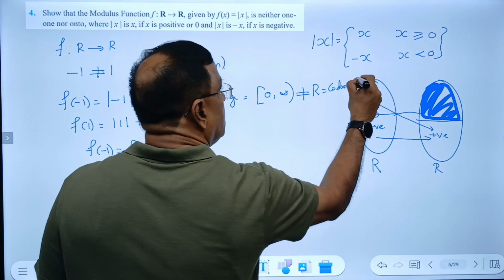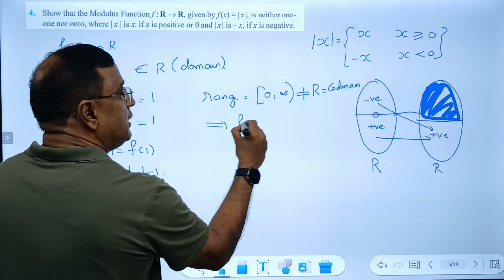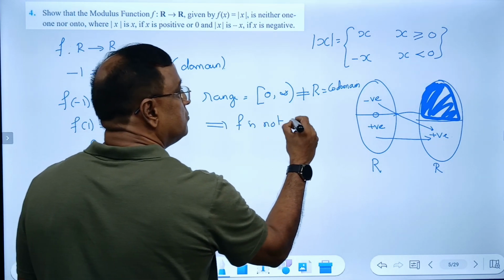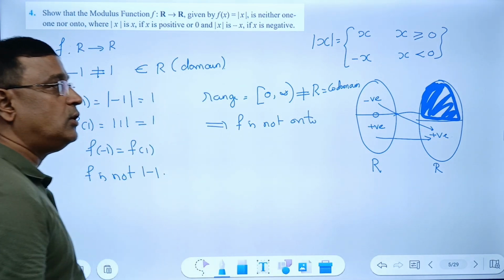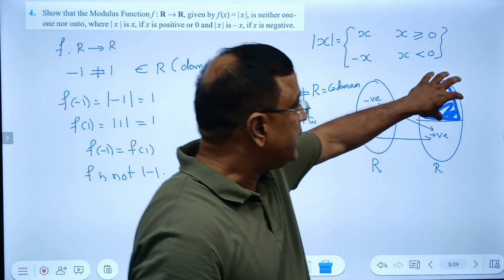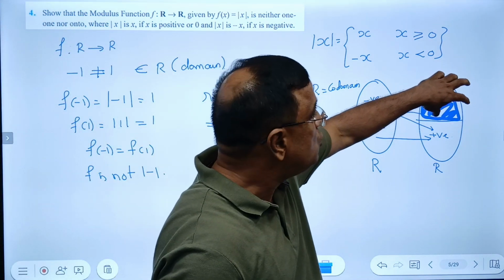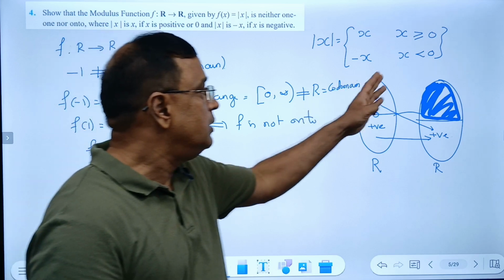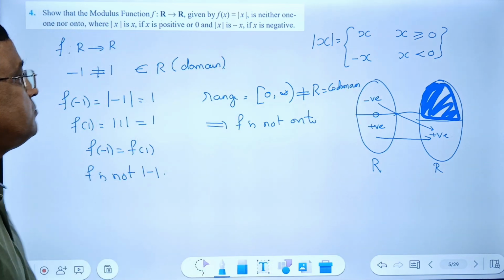So codomain not equal to range. This implies f is not onto. You can see the negative numbers in the codomain do not have a preimage. Okay, that is why it is not onto.